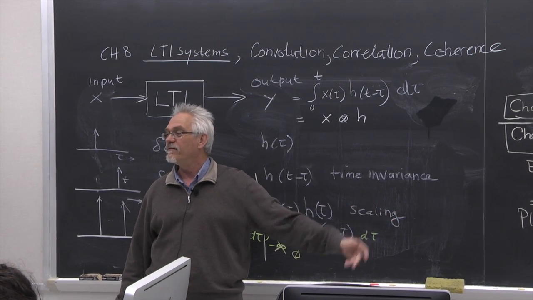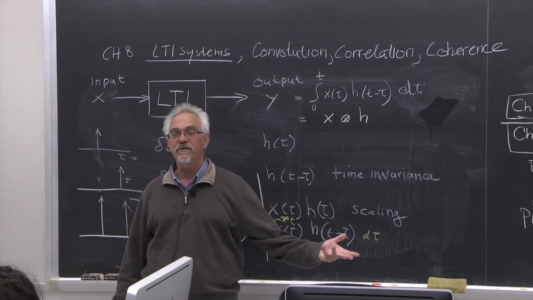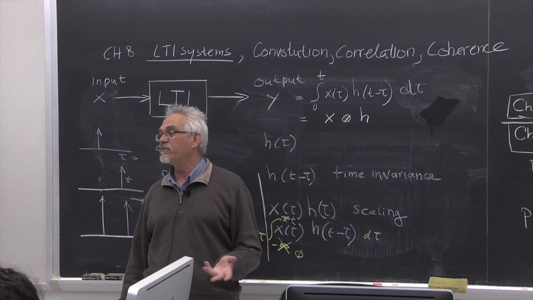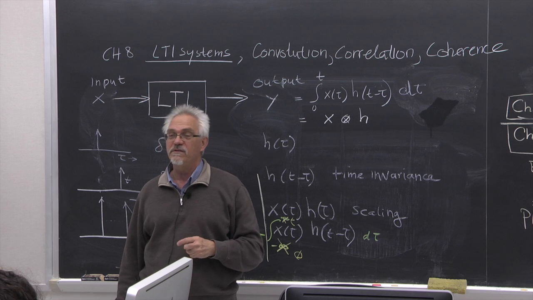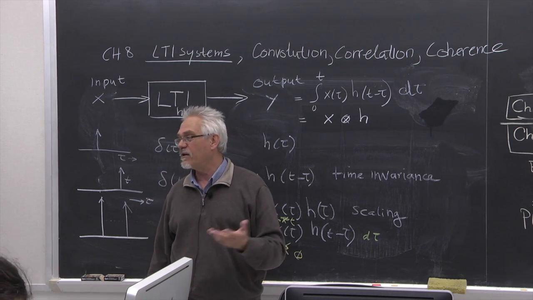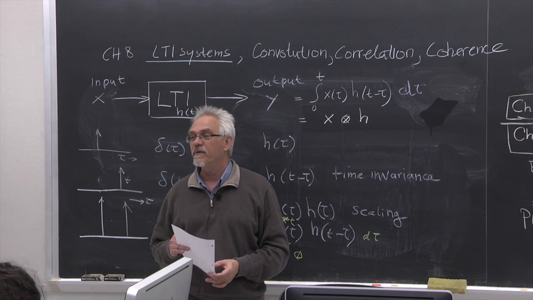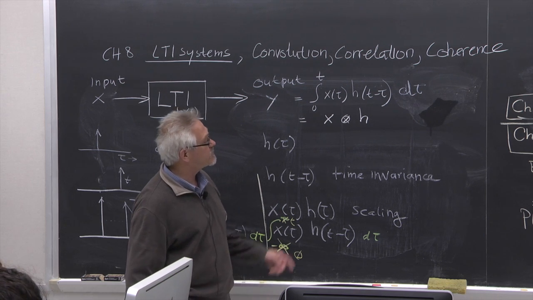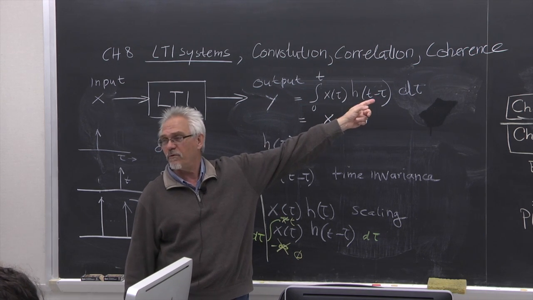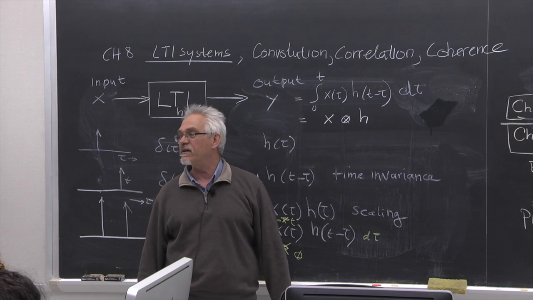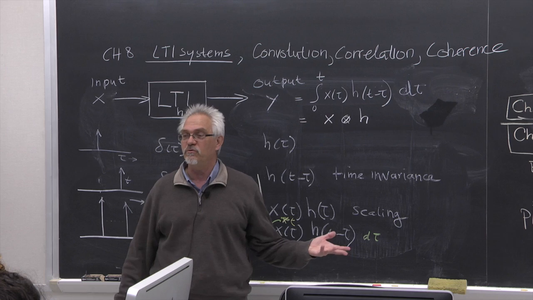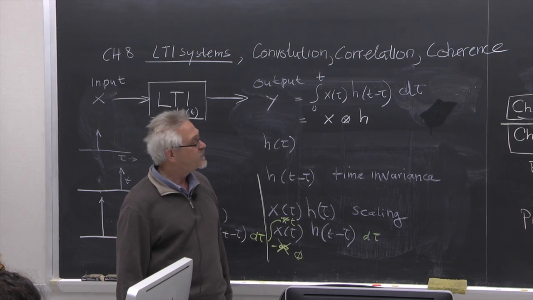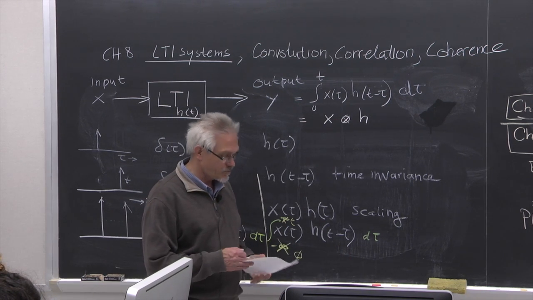And then at least you have the result in the frequency domain. If you then want the result in the time domain, you could transform it back, which can be awful too, but there are lots and lots of tables to help you there. So sometimes it's easier to solve this in the frequency domain and use tables to do the transformation, or do the transformation yourself, instead of doing this convolution.